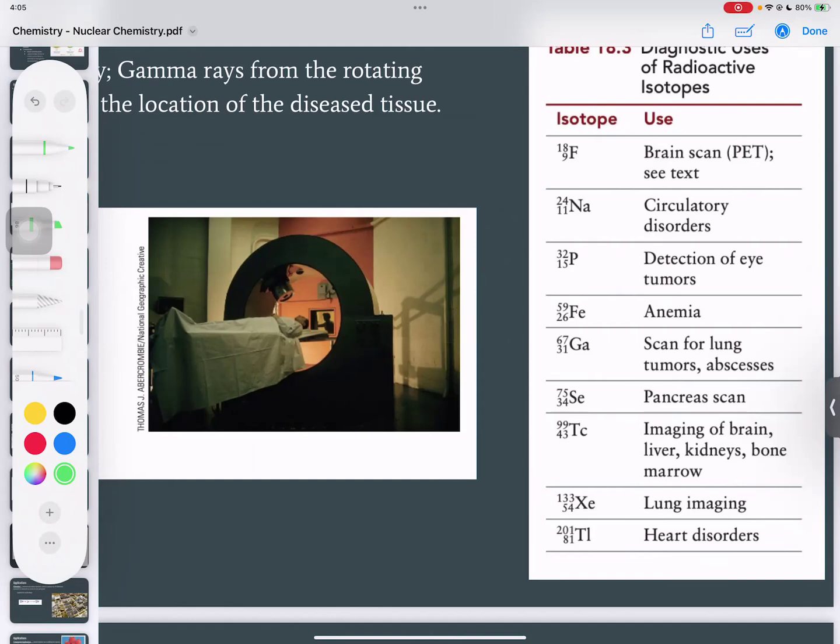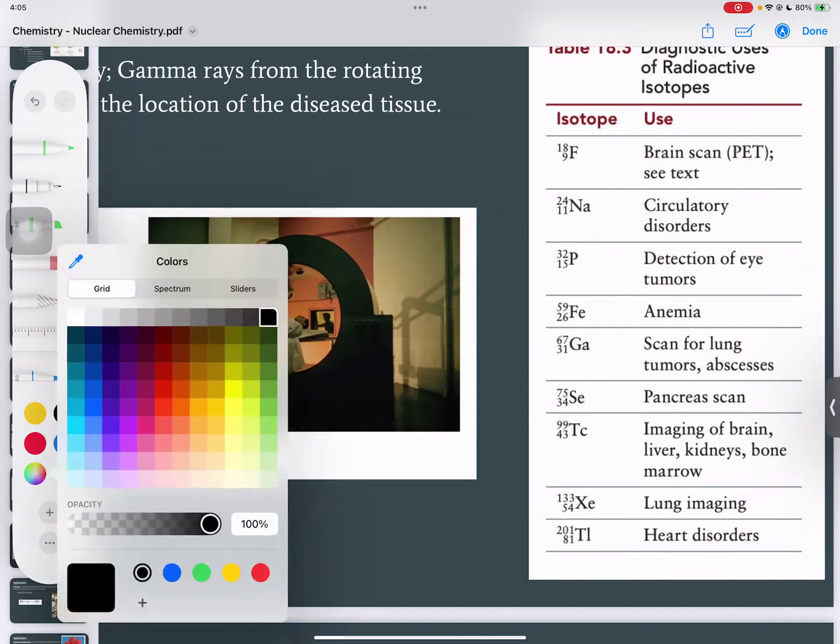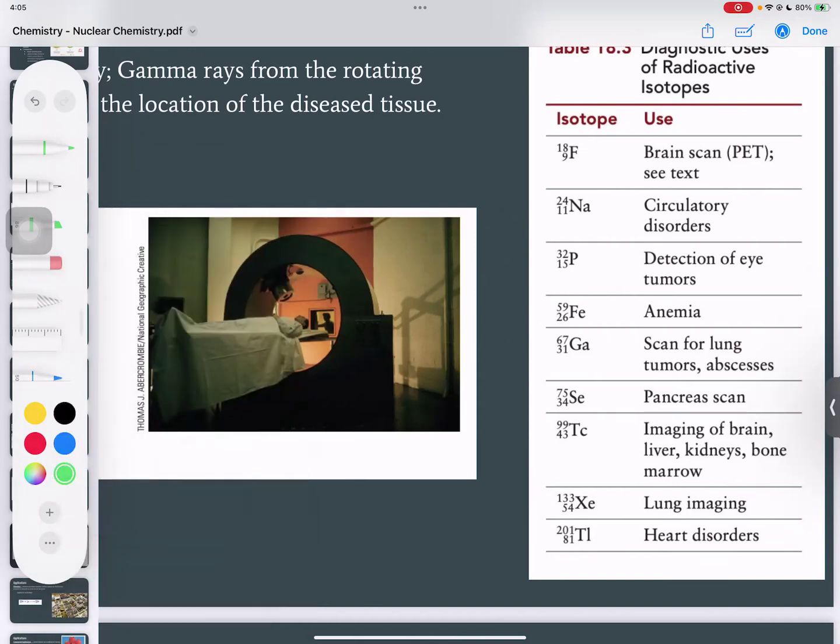And we have positron emission tomography, or PET. I'm sure you have heard of a PET scan. It is a technique used to study brain disorders. Patients are given glucose with a radioactive isotope of fluorine attached to it. Now, the fluorine isotope is a positron emitter. So the brain is then scanned to detect where the positron emission from the radioactively labeled glucose is.